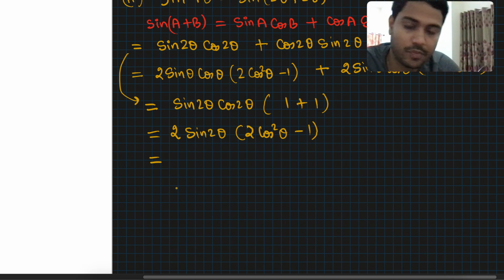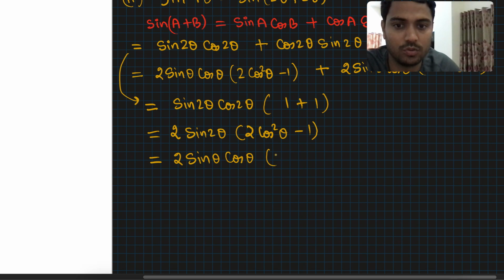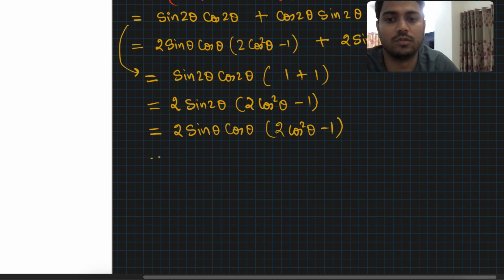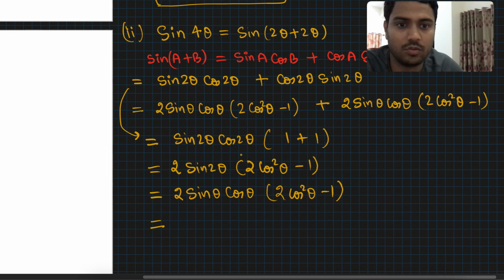Moving on, 2 sine 2 theta. So 2 sine 2 theta can be written as 2 sine theta cos theta, and 2 cos square theta minus 1. So yeah, 2 sine theta cos theta, 2 cos square theta minus 1.